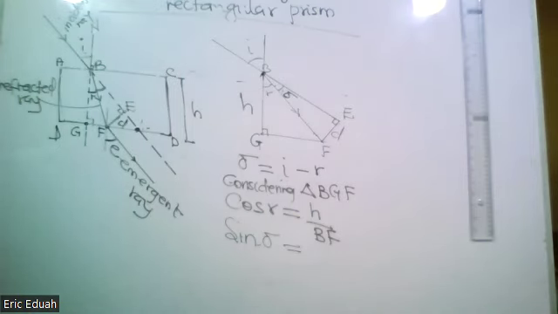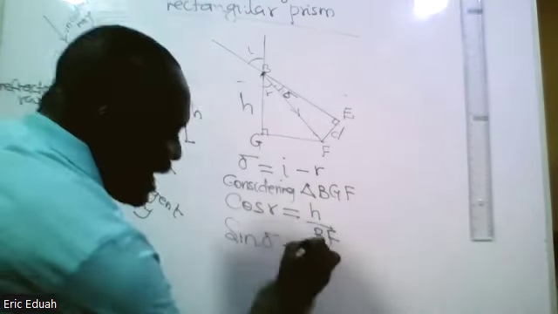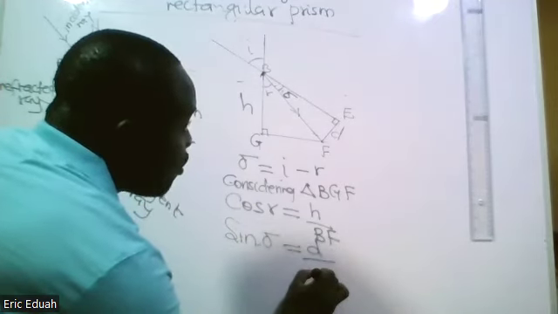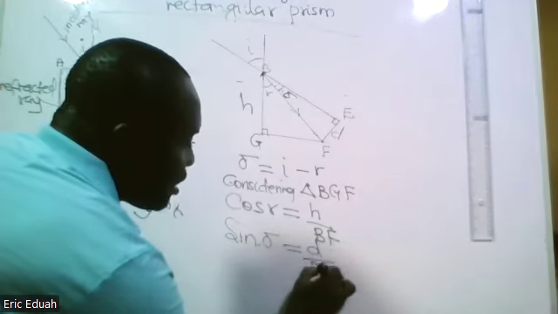That is line FE over line BF. FE is represented by the letter D, so D over BF.